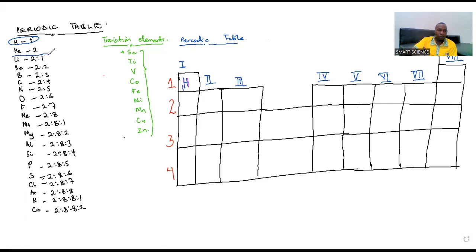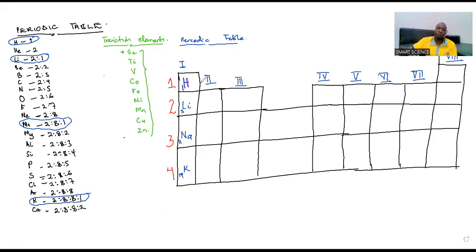Next in group 1, we are going to find lithium. Since it has 2 shells, we shall find it in period 2 with atomic number 3. We go down till we find an element with only 1 electron in the outermost shell. That becomes sodium, which has 11 as the atomic number, found in period 3. And lastly, in these first 20 elements will be potassium, which has atomic number 19.